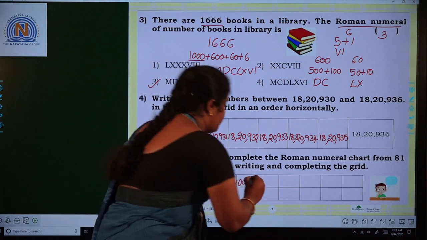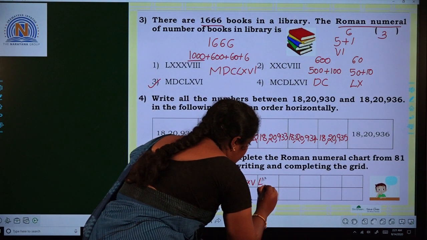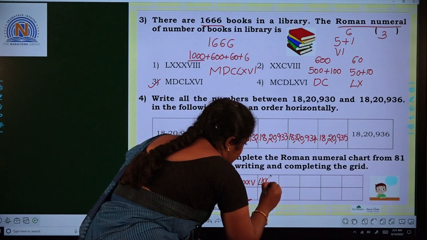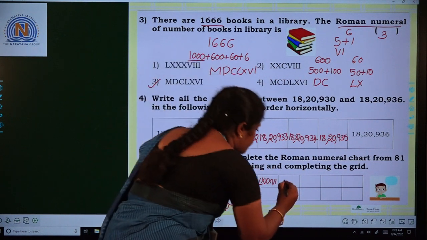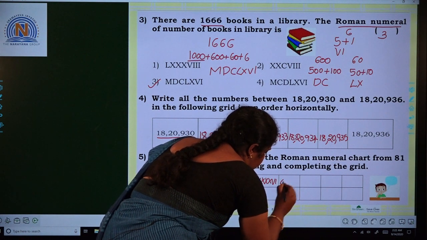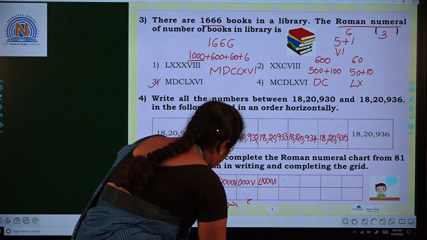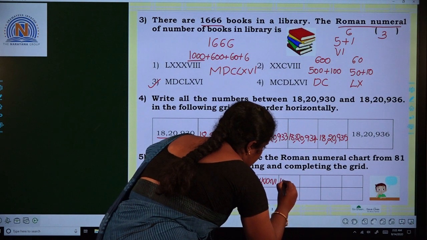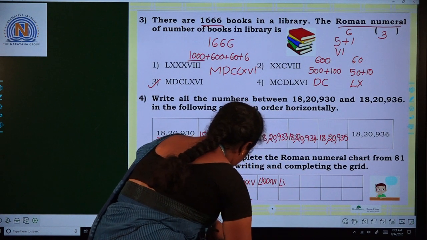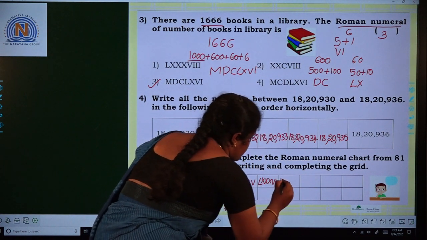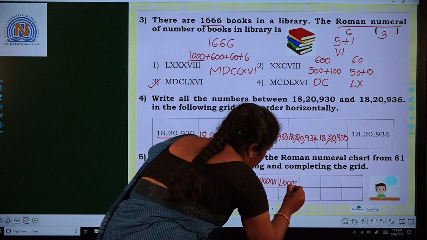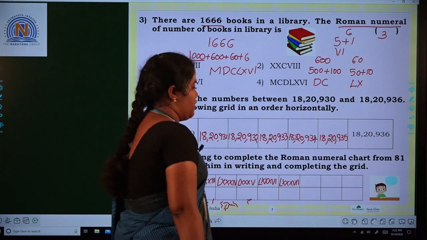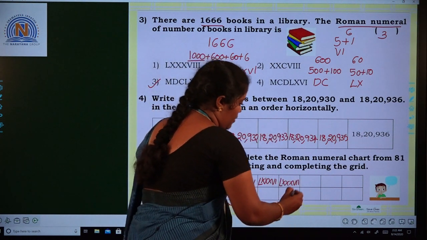Next one is LXXXV. 85. LXXXVI. 86. LXXXVII. It stands for 87.